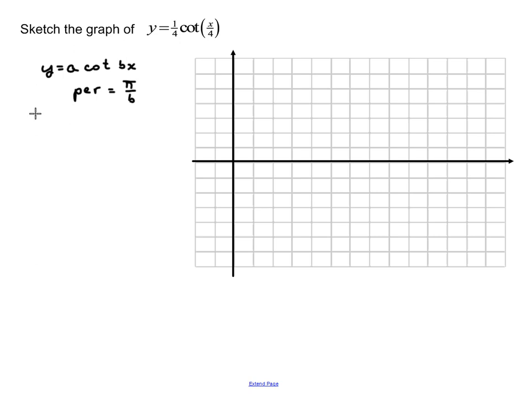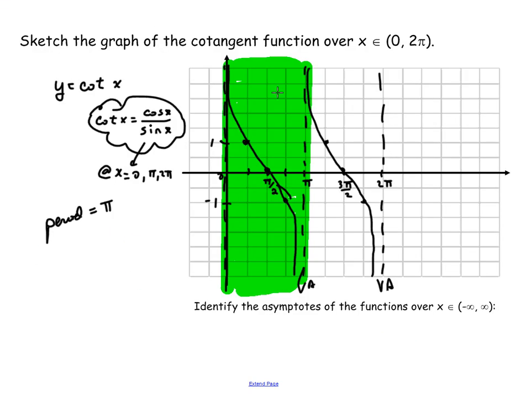Now here's the other thing, kind of like I did before, if you have the natural cotangent function, you'll note that one period goes from 0 to pi. So if I'm looking for vertical asymptotes, a way to do it is to note that, naturally, if one cycle occurs from 0 to pi, I can take whatever my argument is and set it between those two values.